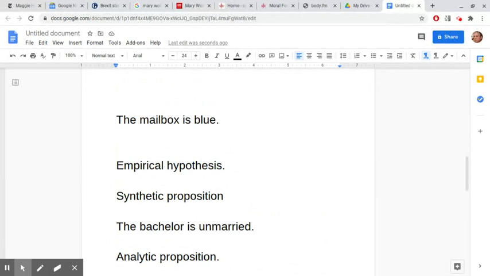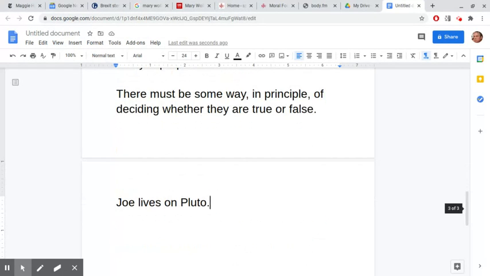So the mailbox is blue is a perfectly meaningful proposition because it's quite possible in principle to find out whether it's true or false by looking at the mailbox and seeing what color it is. Joe lives on Pluto is a perfectly meaningful claim because it is possible in principle to go to Pluto or to decide whether life can exist on Pluto or whether there's any human habitation of Pluto that would decide the matter. So it's a perfectly meaningful proposition because there are conceivable ways of deciding whether it's true or false.